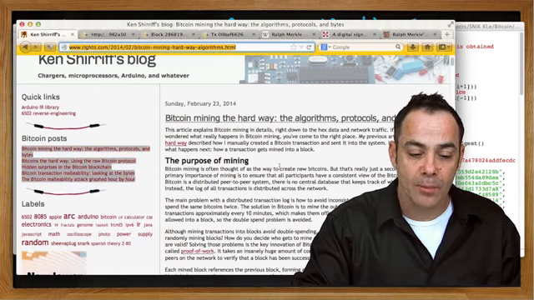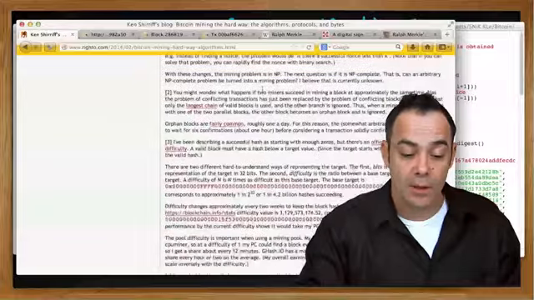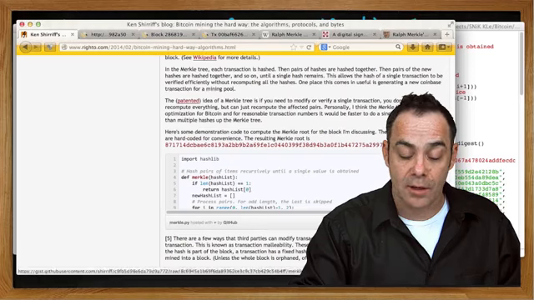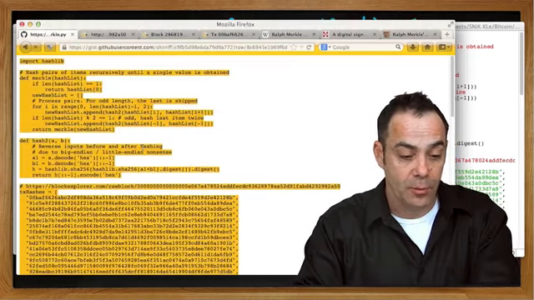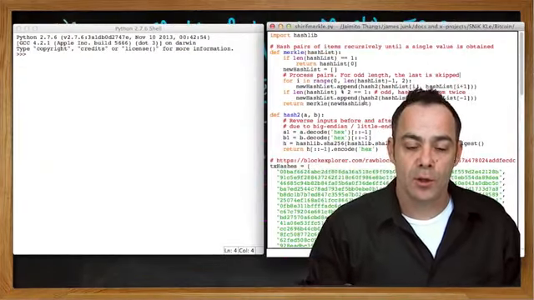And at the very bottom of his most recent post, okay, so this is from February 23rd, if you go to the very bottom, in the notes and references section, he includes some code about how to generate a Merkle tree, okay? And you can just click View Raw, and you can take his wonderful little piece of code and just dump that into a simple Python interpreter, okay?